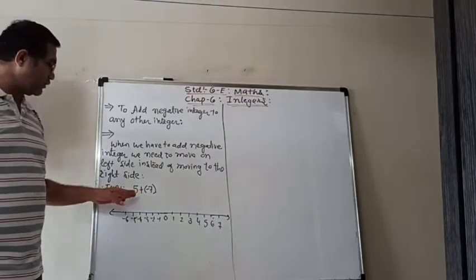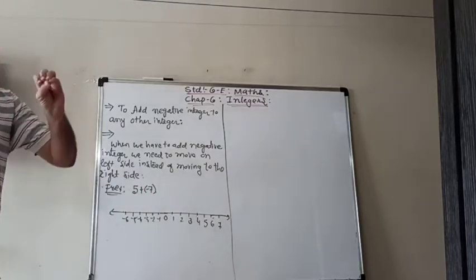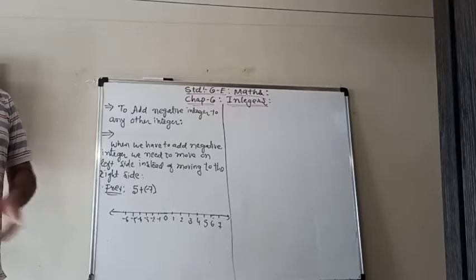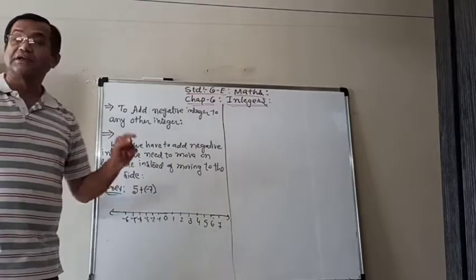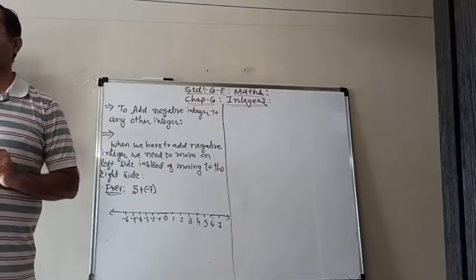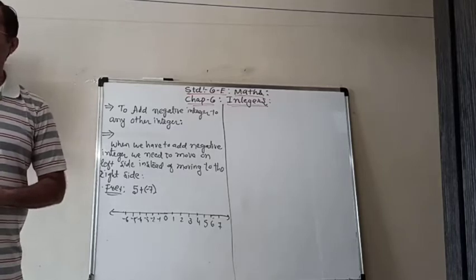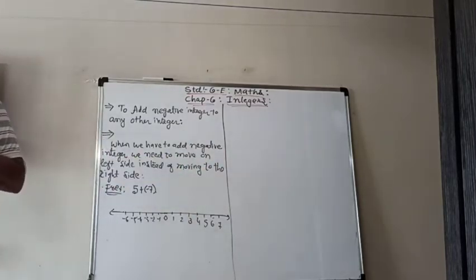Here I want to add minus 7 to 5, means 5 plus minus 7. So here I have to add, but the integer I am adding is a negative integer. So what must I do? In this situation, I need to actually move towards left.